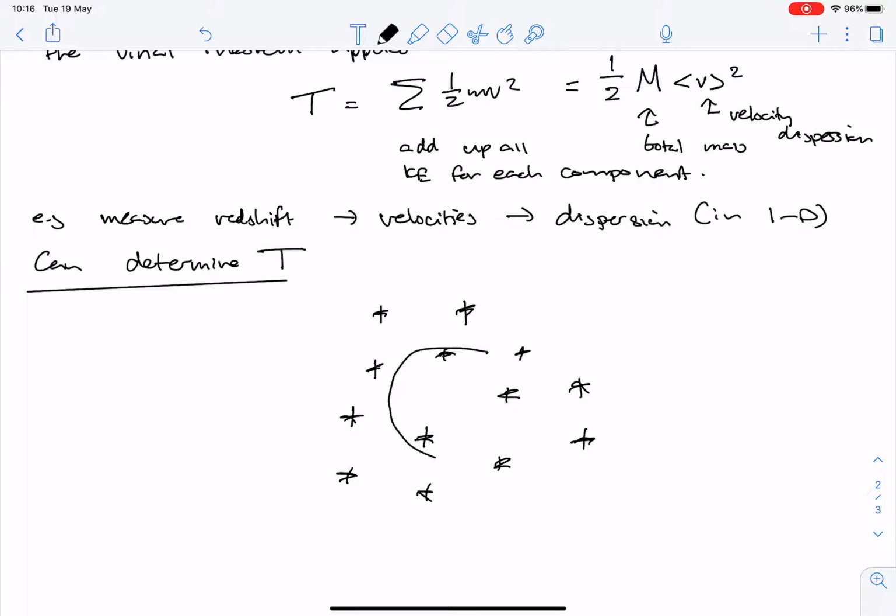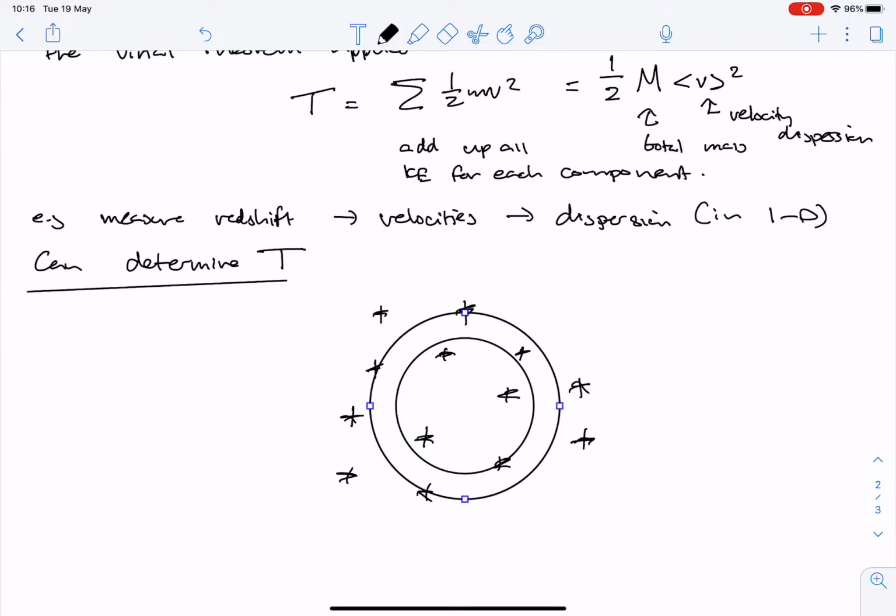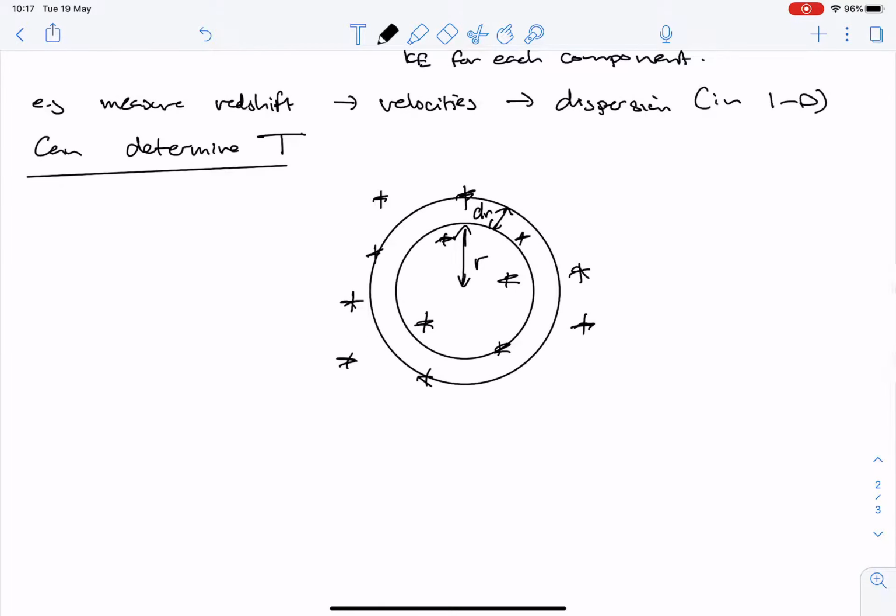Well, what I can do is I can split this down into little shells of thickness dr, some distance r out from the middle, and I can write, if you like, the contribution of the potential in there.